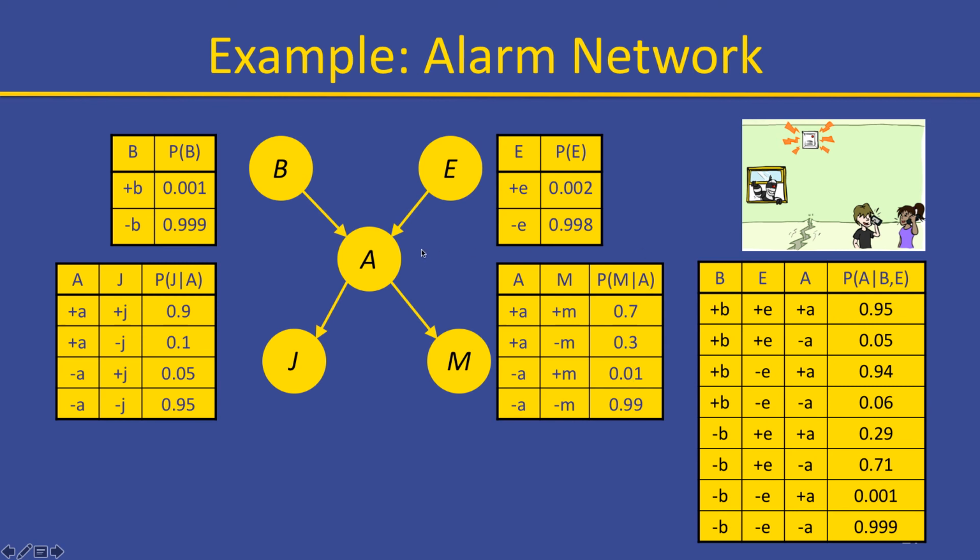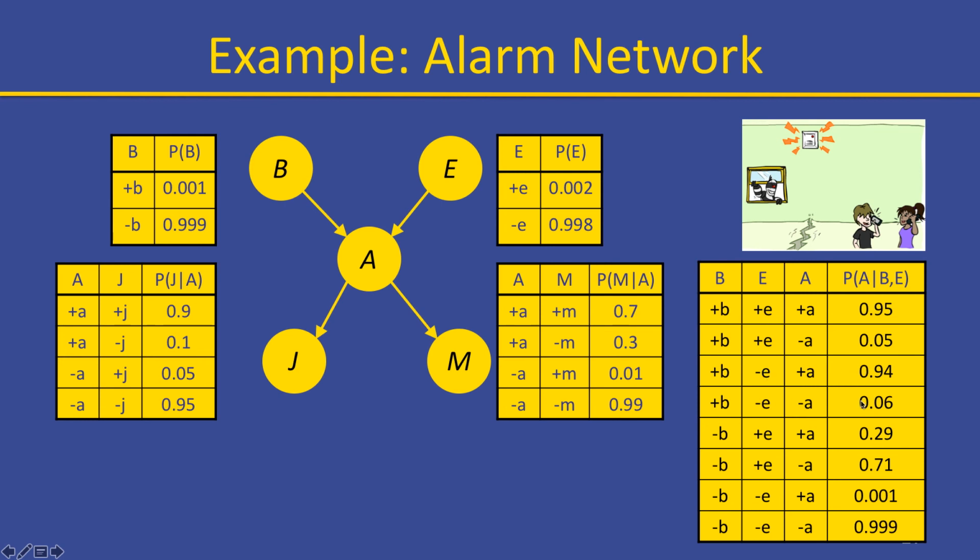And finally, for A, things are a bit more complicated because A has two parents. So for A, we have to have a subtable for all possible combinations of the values of the parents. So here's the subtable corresponding to plus B plus E. There are two rows here. We can have plus A and minus A. Or we could have plus B and minus E, and we have this subtable.